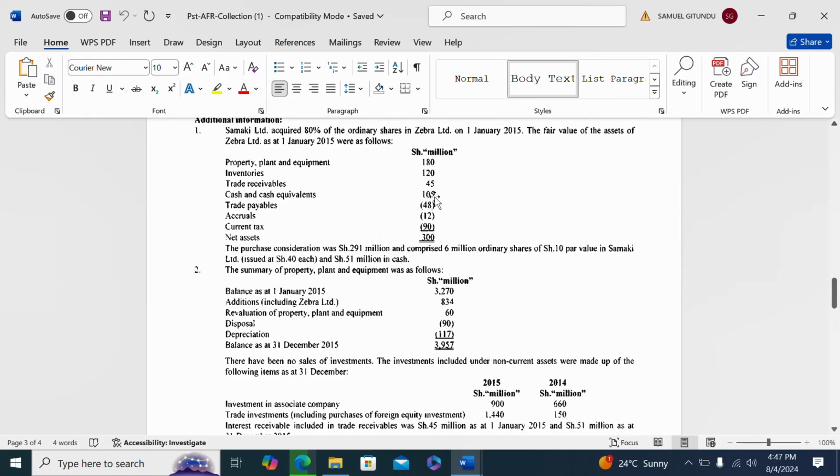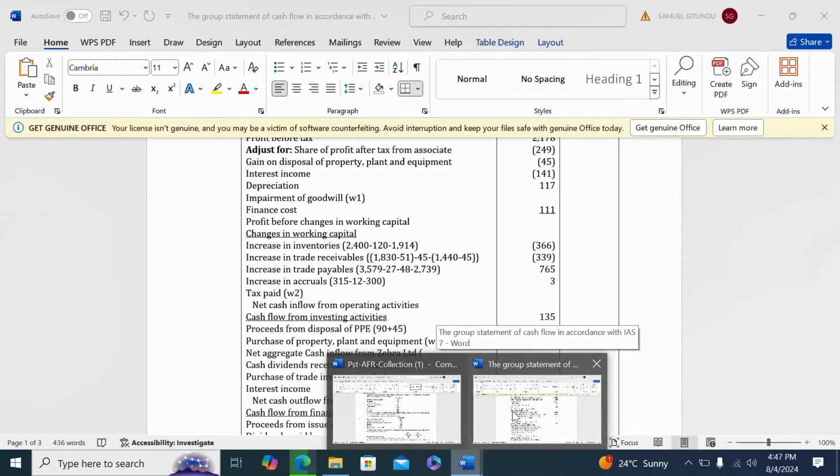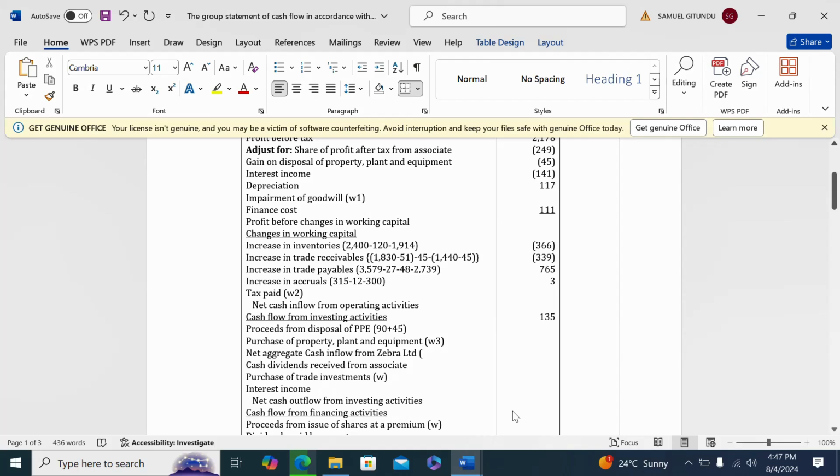This is 105 million. This is the cash we received from the acquisition of subsidiary. Then we deduct the cash that we paid to acquire the subsidiary. So it is 105 minus 51. And how much are we getting?